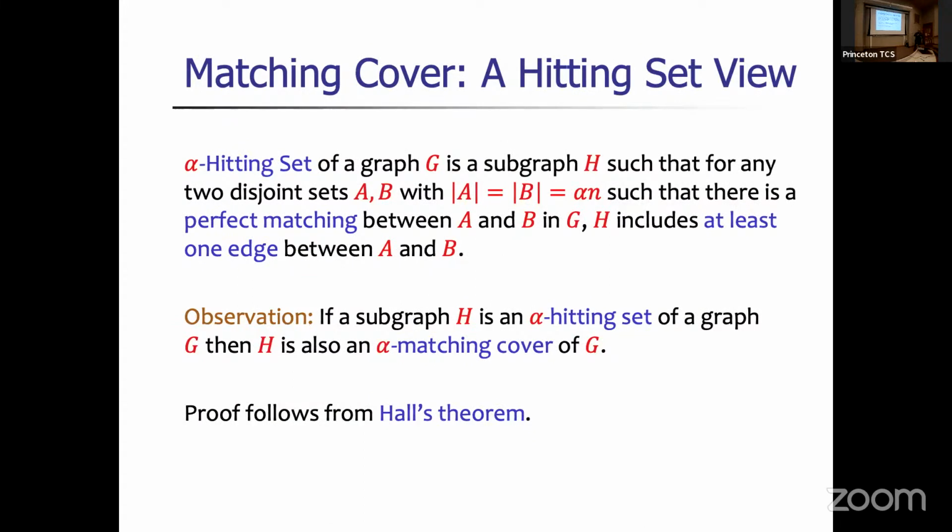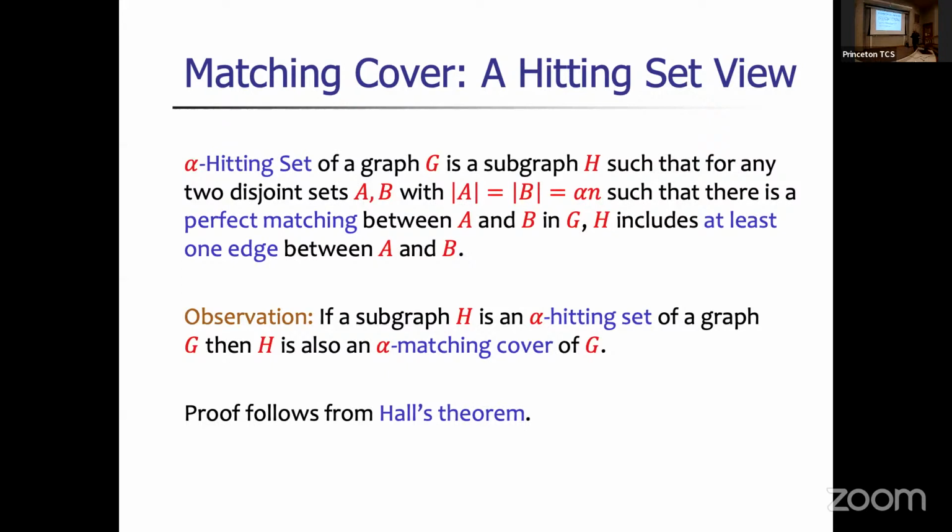Okay, so here is an equivalent way of thinking about this object, which is kind of a hitting set view of the problem. And this is going to be algorithmically more helpful to us, as you will see in a short moment. So what's the hitting set view? I'll define an alpha hitting set to be a subgraph H of a given graph G, which has the following property.